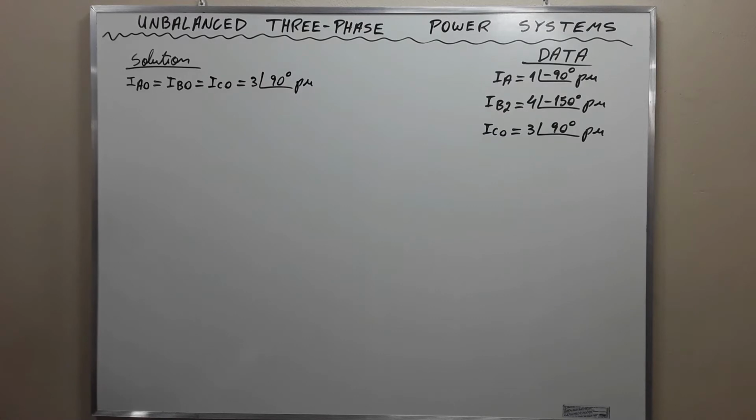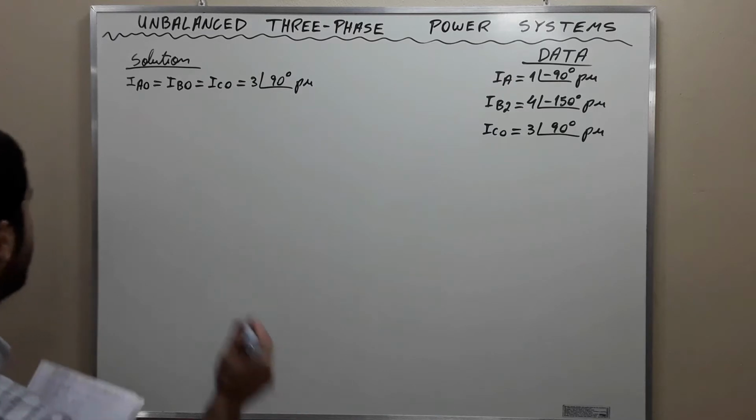Okay, this we already know. Now, for the negative sequence IB2, the negative sequence current IB2 leads IA2. The negative sequence of conductor B leads the negative sequence of conductor A. And by knowing this, we can do the following.